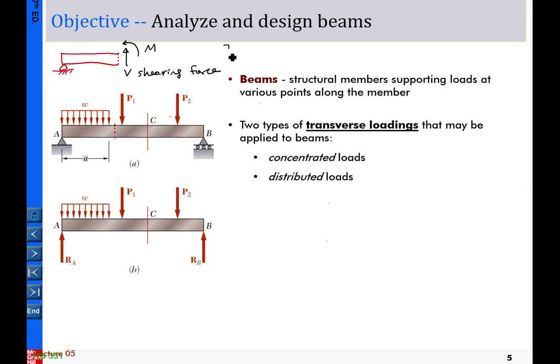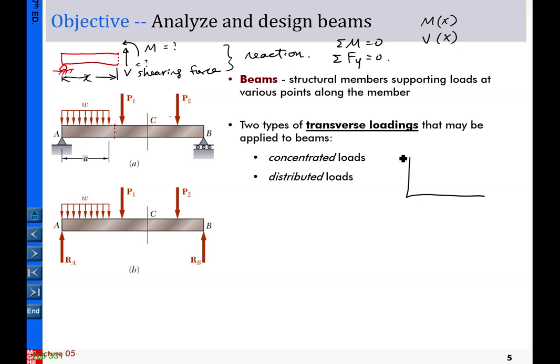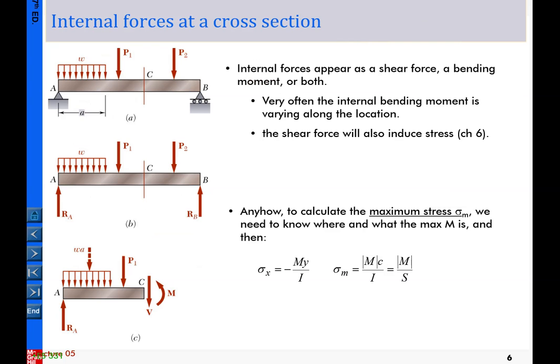These two are the reactions, and you should be able to obtain them from the equilibrium equations. In this chapter, we simply want to know M and V in terms of the function of x. So we want to know M of x and V of x, and draw V as a function of x and M as a function of x. That is our goal here.